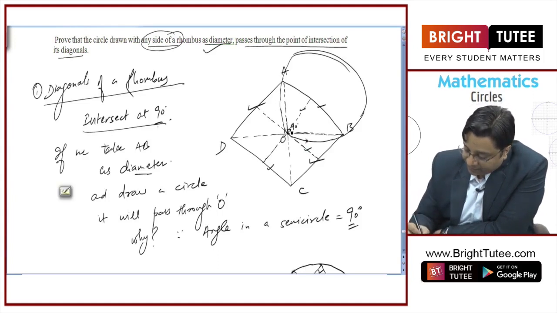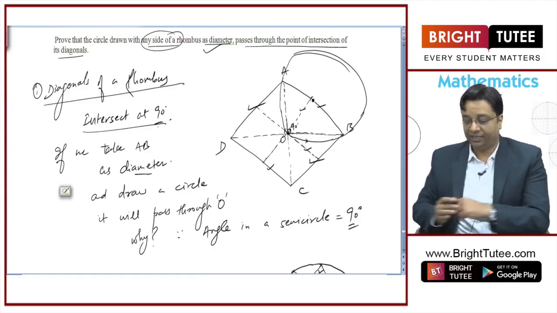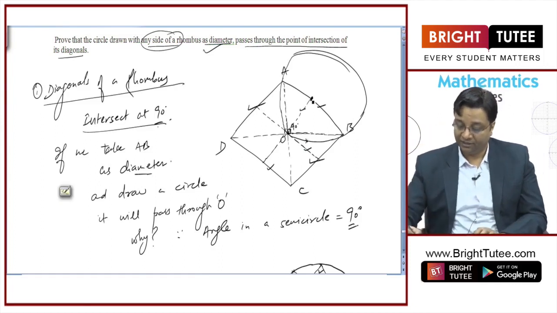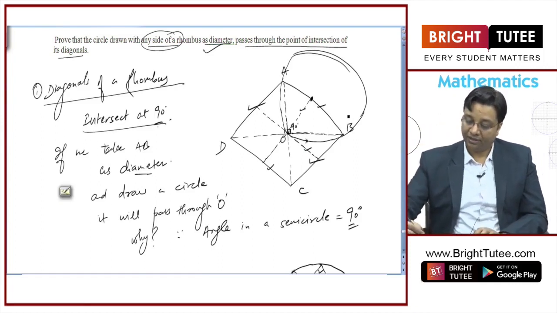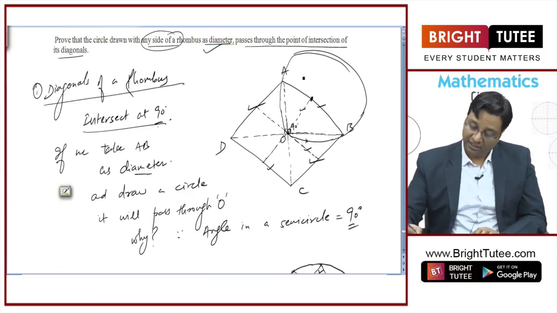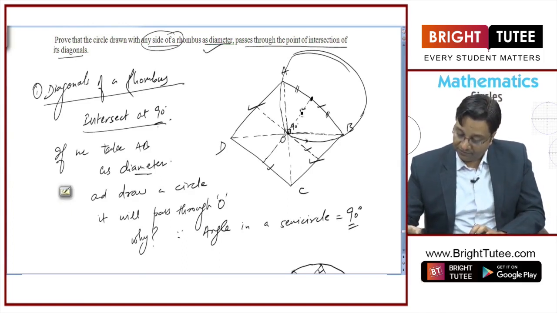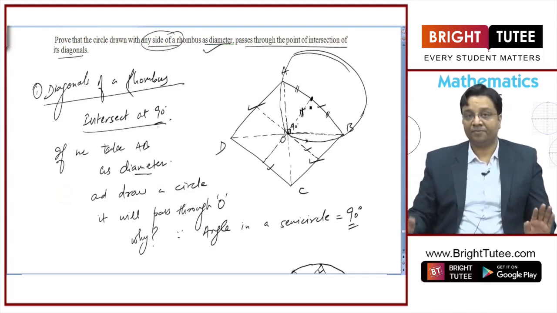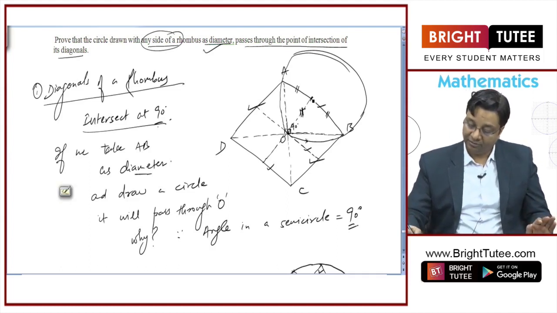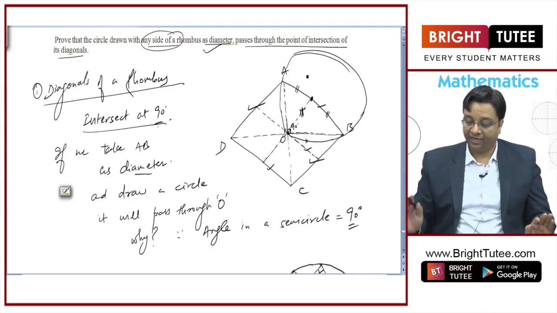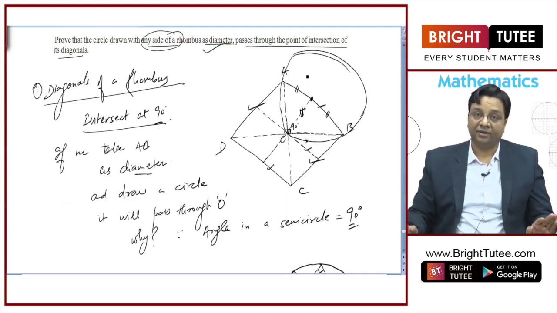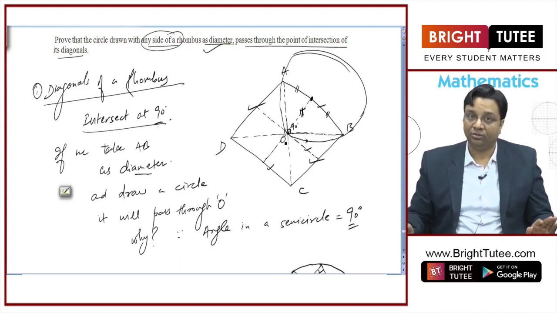Now if I can somehow show that these distances, this is the center of the circle, this is half of the side AB, so this is the center. Now if I can show that this distance is equal to this distance, which is anyway equal to this distance, then it will be clear that this point is equidistant from O, A and B, hence it will necessarily pass through O.